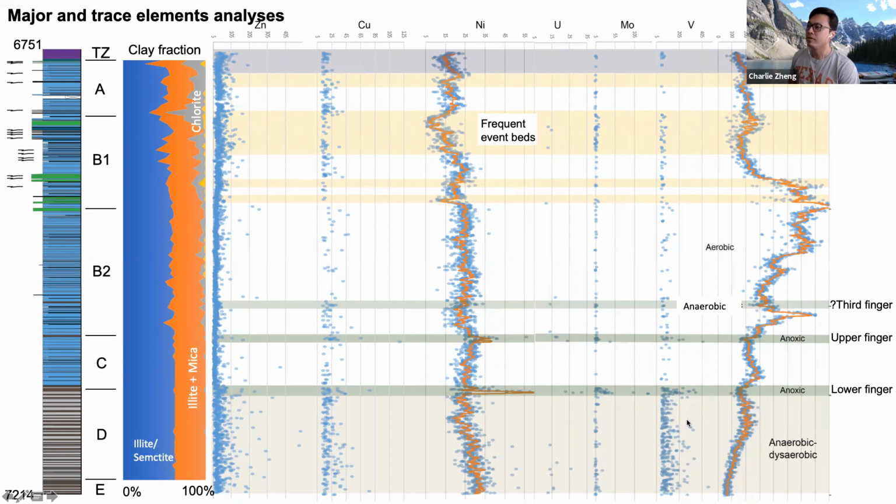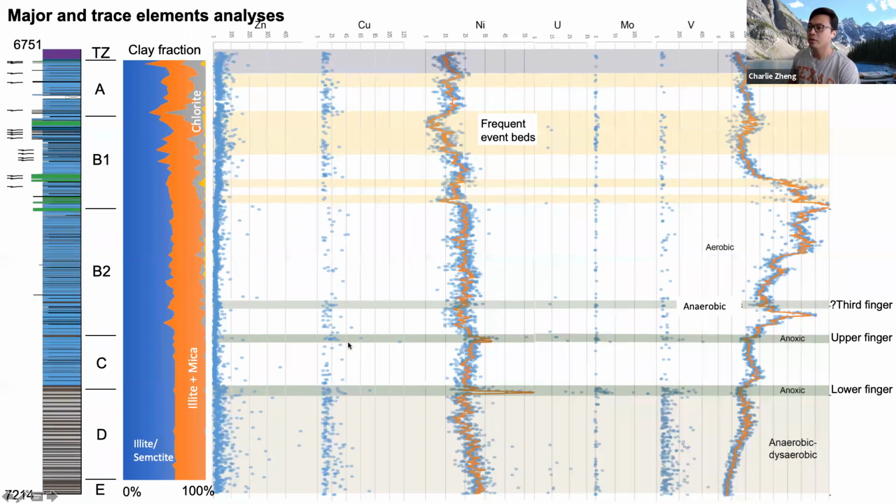We can see that the lower part of the Austin Chalk, which is composed of anaerobic to dysaerobic sediments, also occasionally has enrichment of redox proxies and nutrient proxies. That tells us that occasionally the environment fluctuated into suboxic to anoxic conditions, where chemical reactions were active.